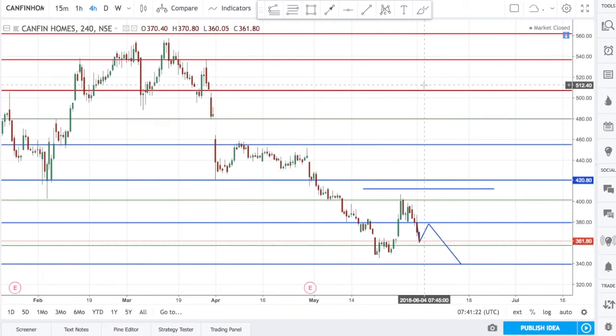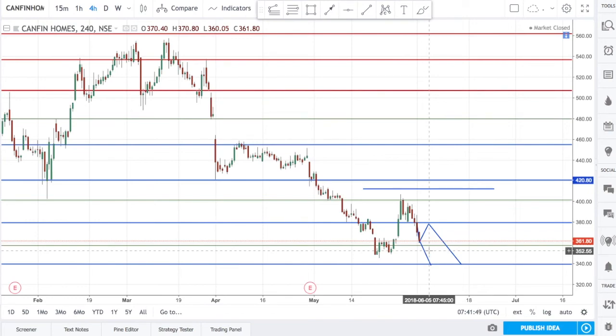In another scenario, the prices might drop directly into this level of support after a small consolidation at this level of minor support if the market remains very weak in the next few trading sessions. If that's the case, then we don't have a trade on Canfin Homes.